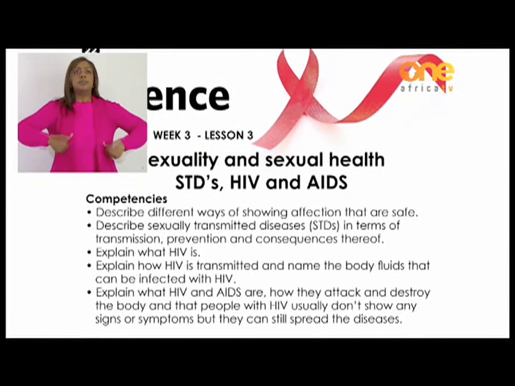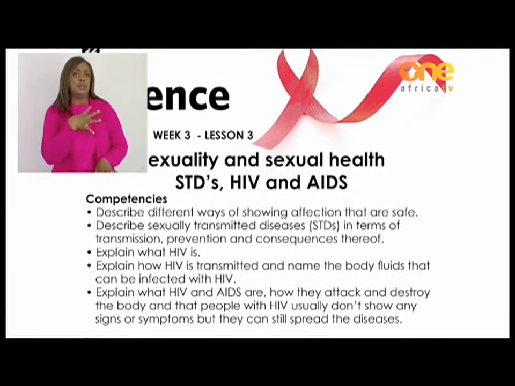The first basic competence says that a learner in grade 7 must be able to describe different ways of showing affection that are safe. The second one says that a learner must be able to describe sexually transmitted diseases, STDs, in terms of transmission, prevention, and consequence. Then a learner must be able to explain what HIV is, explain how HIV is transmitted, and name the body fluids that can be infected with HIV.